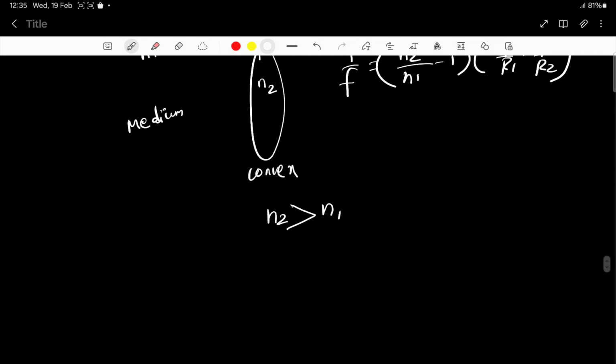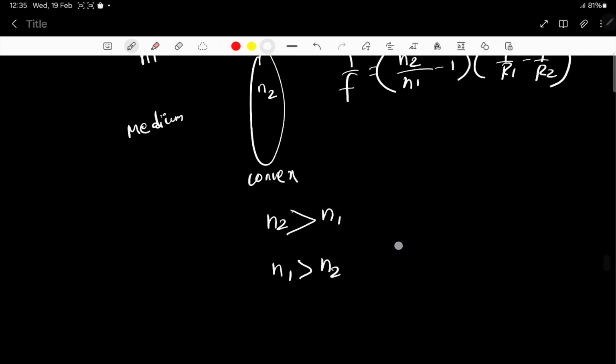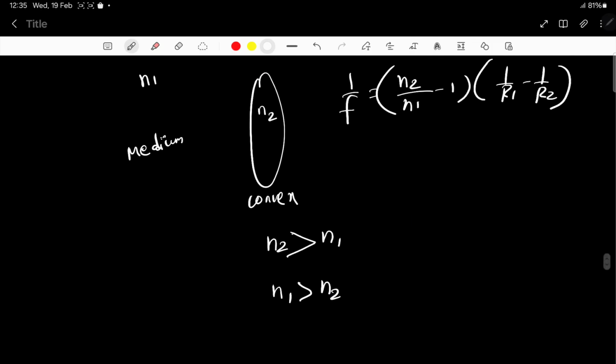But the case is reversed if the surrounding medium has a higher refractive index than the material out of which we made the lens. Then the convex lens is going to behave like a concave lens. The nature of the lens will be subject to change.